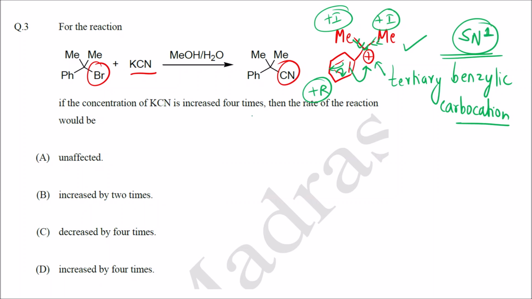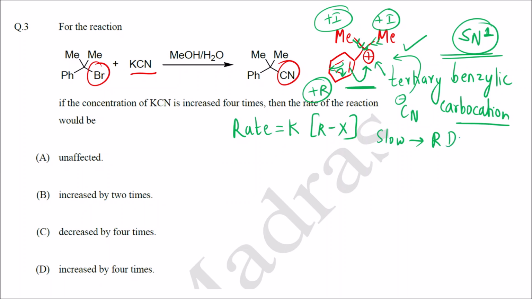So in SN1 reaction we know rate is dependent only on the concentration of the alkyl halide. Because in the first step it is only the alkyl halide that is present. Afterwards, after the carbocation is formed, the cyanide, that is the nucleophile, will attack in the second step. So the first step is the slow step, that is the rate determining step.